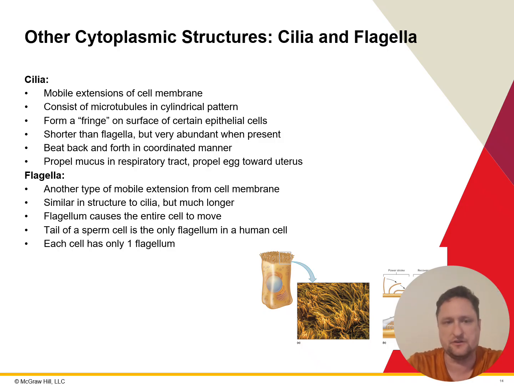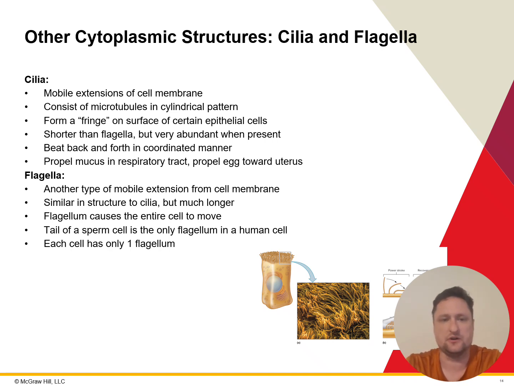Flagella, in contrast, are much longer, and usually there's only one, so they're singular. They help propel the entire cell through its environment. In humans, the sperm cell's tail is the only example of flagella.